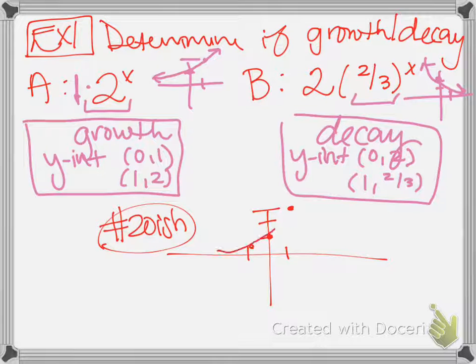So they're going to give you something like this, and they'll give you what the actual ordered pairs are. This is (1, 3), this is (0, 1), and then this one down here is (-1, 1/3), or something.